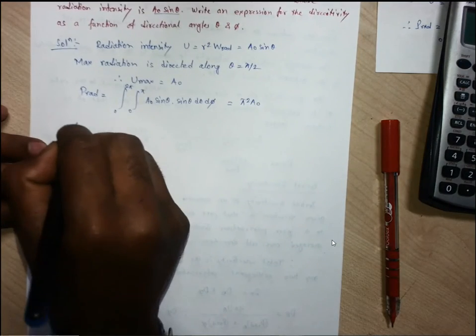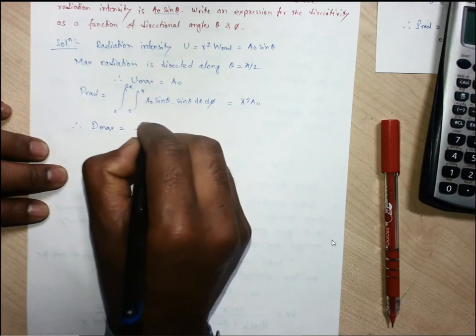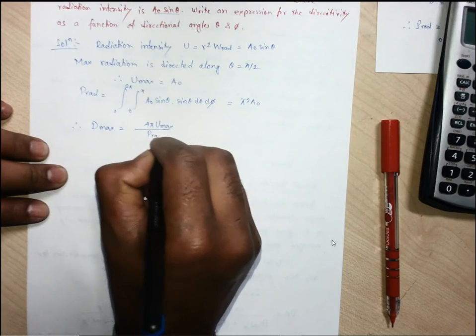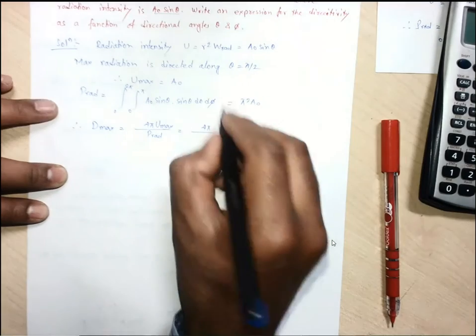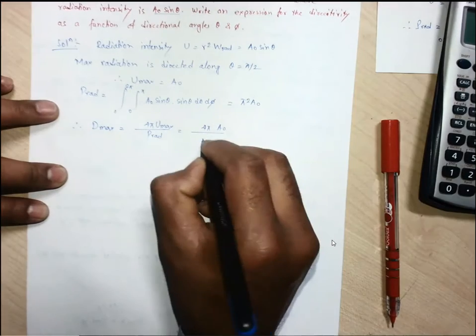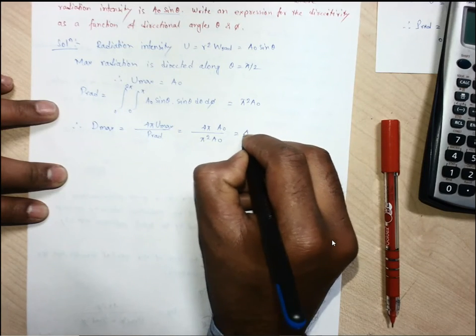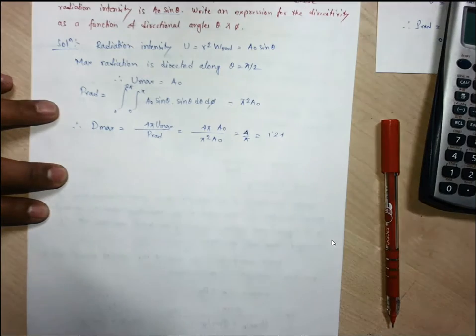So this maximum directivity D max will be 4 pi U max by P rad. So it is 4 pi times A naught, P rad is pi square A naught. So it is 4 by pi. It is coming out as 1.27.